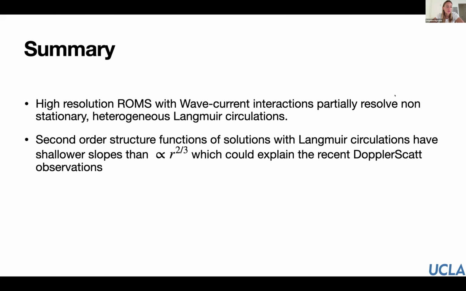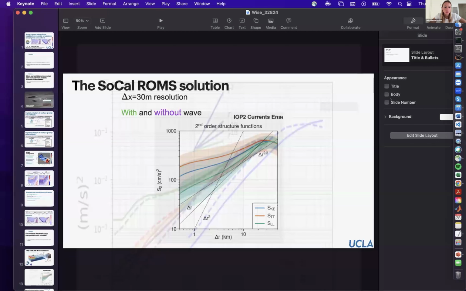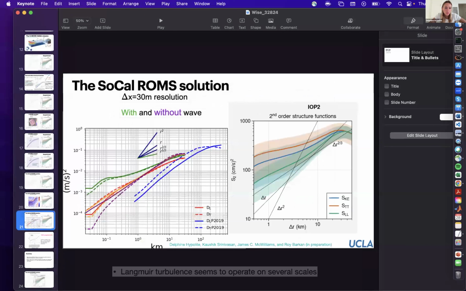One of the things that I found interesting that those structure functions reveal is that the Langmuir turbulence, so if I can go back, oh no, sorry, it doesn't matter here. One of the interesting results is that Langmuir turbulence is not active at one scale. It changes the slope at several scales.